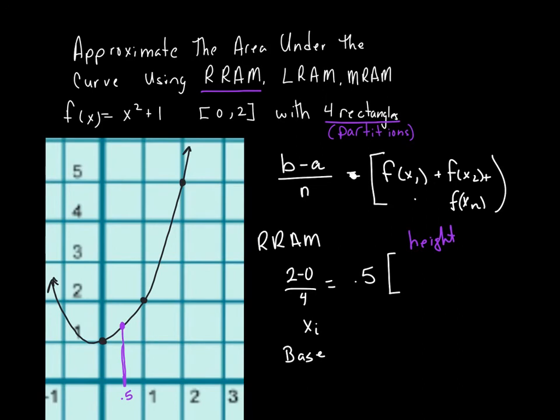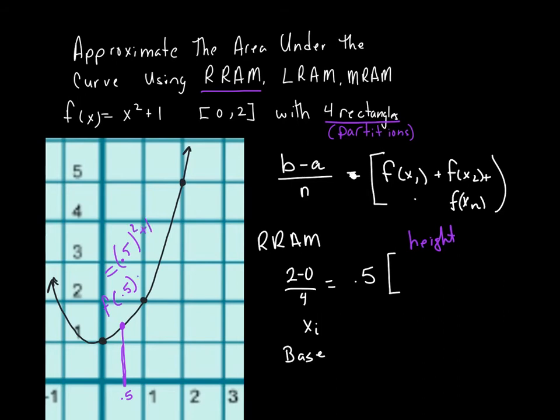So that point is f of 0.5, where if I plug that into the function, that is just saying 0.5 squared plus 1.